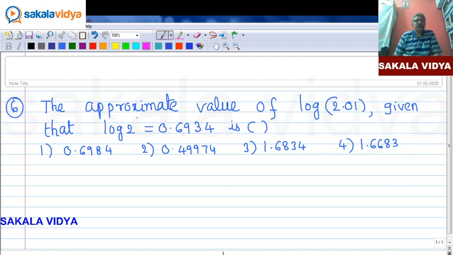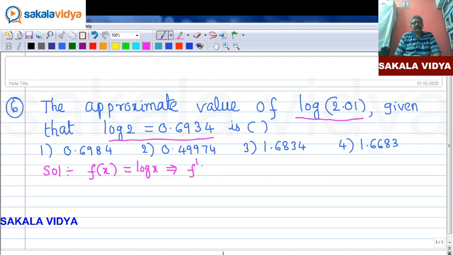Now the approximate value of log of 2.01 given that log 2. So that means here, solution: first let us say f of x equals, in the place of 2.01 put x, log x. So f dash x is equal to, whose derivative is 1 by x.